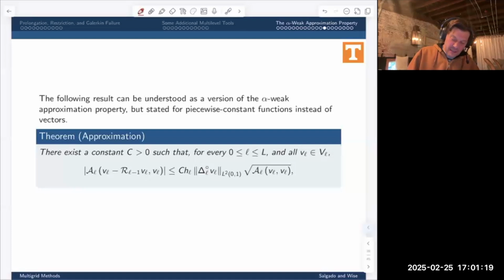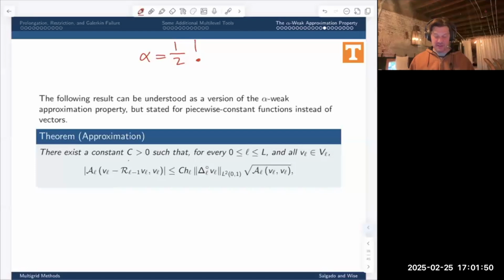And specifically, it's the alpha-weak approximation property with alpha equals a half. Okay? So that's what we're doing. We're proving an alpha-weak approximation property. It's going to be the punchline. Our last slide in here is going to reinterpret this in the very common standard notation that we had from section 5.9. Okay, so let me stop yapping and start trying to prove this.